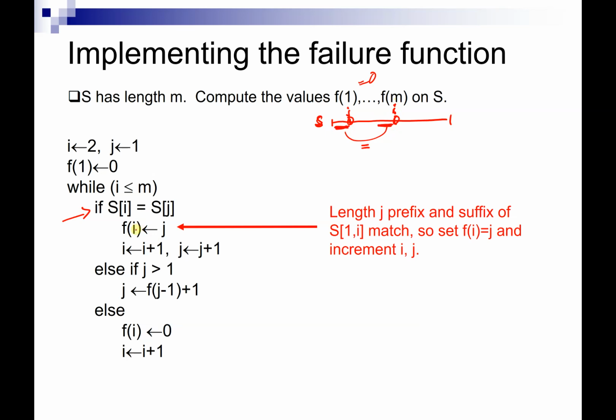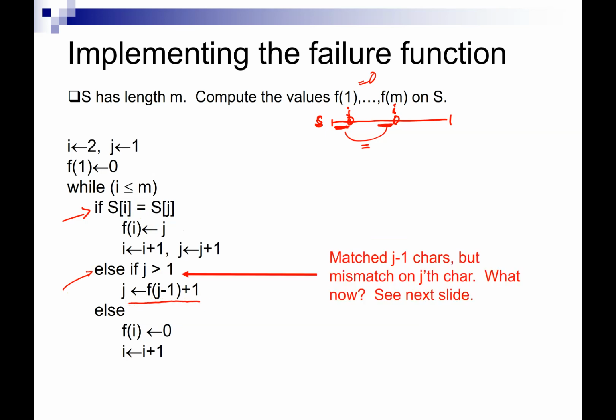So in this case f of I equals J, and then we're going to increment I and J. Otherwise, in the second case, if J is larger than 1 and you get a mismatch on the ith letter of S and the jth letter of S, then we're going to set J equal to this value over here. We'll see why on the next slide.